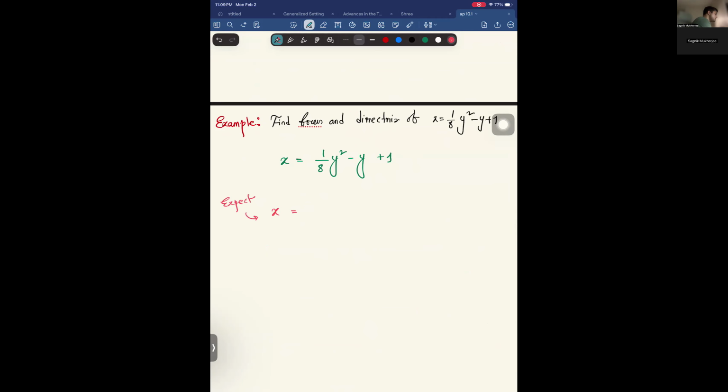So what you expect is an equation that looks like x equals 1 over 4p times (y minus k) squared plus h, right?